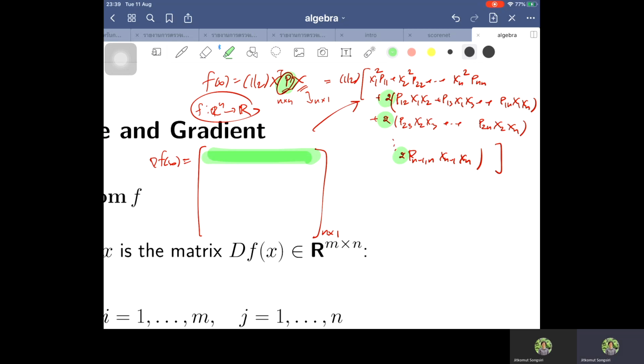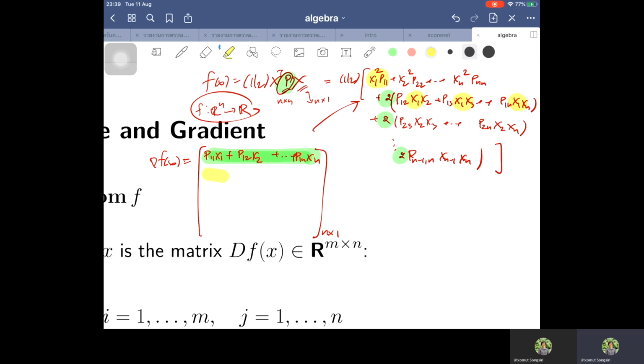If I mark the terms that involve x1, it's going to be this and this, right? So then you get p11 x1 plus p12 x2 dot dot dot plus p1n xn.